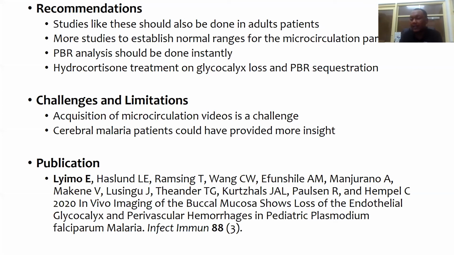From some studies, there are enzymes, and the elevation of these markers of inflammation is also associated with glycocalyx loss, but not from the infected red blood cells. After the infection, it is the inflammatory response that causes the glycocalyx loss. So shedders and proteases might be eating away this layer as a result of Plasmodium infection.